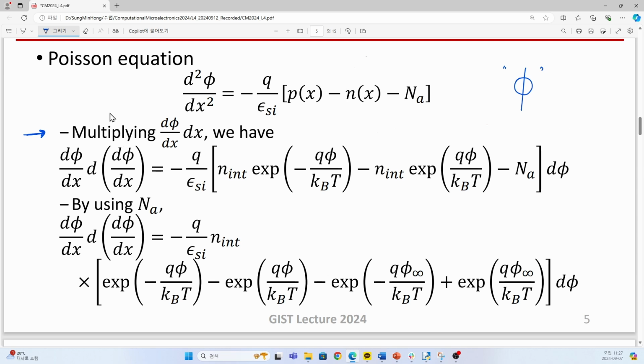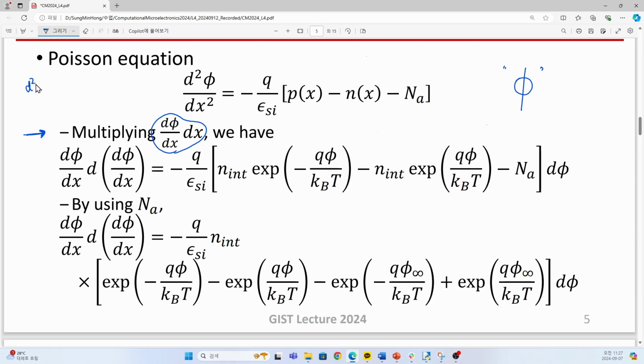Instead of considering the Poisson equation itself, in this case we just multiply this factor to the left hand side and right hand side to keep the balance. Then what happens in the left hand side?